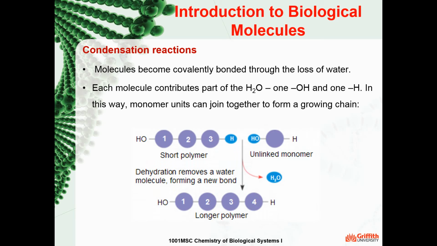Each molecule contributes part of the H2O. For instance, you can see in the diagram that the first molecule provided the hydrogen and the second provided the OH. In this way, the monomer units can join together to form a growing chain, like that shown in the diagram.